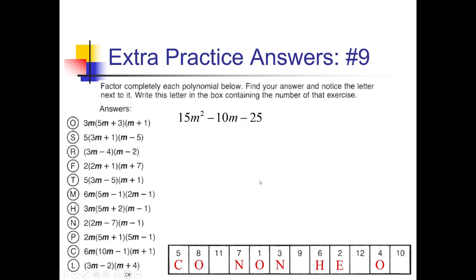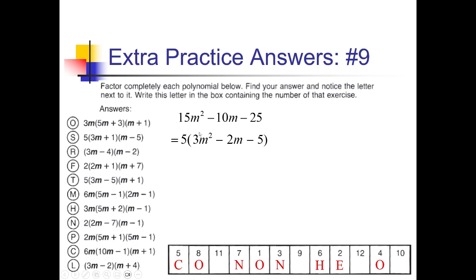For number 9, we've got 15m squared minus 10m minus 25. Those are all divisible by 5, so I can at least take a 5 out of all that. So that'll leave me with 3m squared minus 2m minus 5. And for the stuff inside here, I can use my AC method to factor it a little bit more maybe. Let's find out.